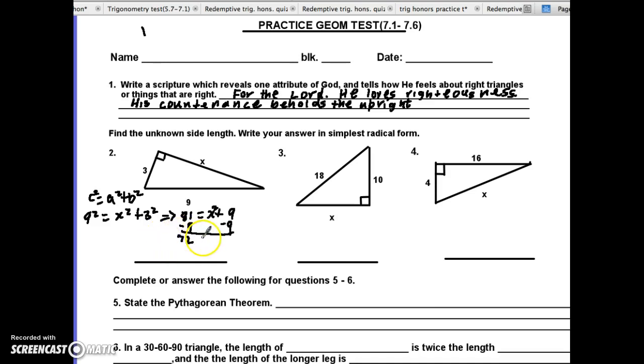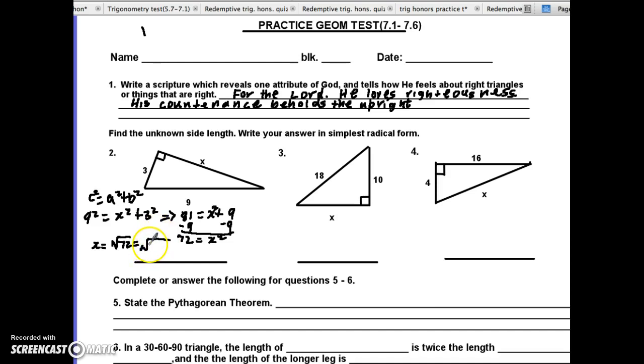So we have x squared is equal to 72, and to find x from x squared, take the square root of 72. For simplest radical form, you just think about two numbers that, when multiplied together, give you 72, one of which is a perfect square.